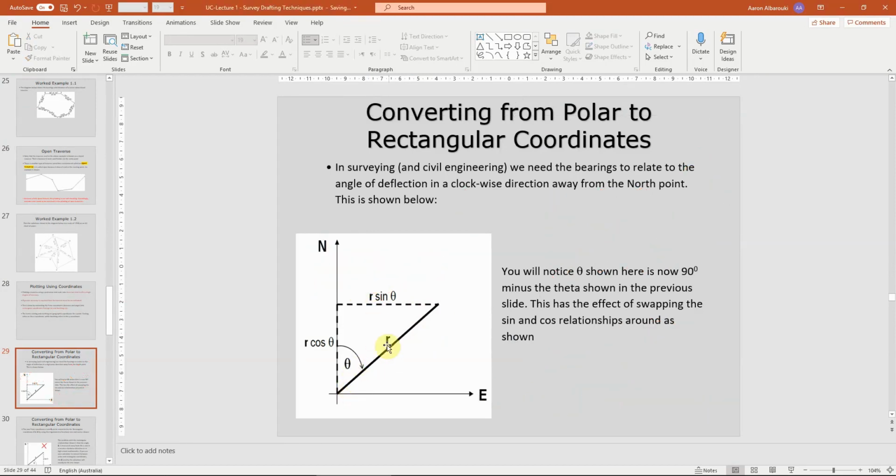How is it related? For the point I was describing here, if I draw a line from the origin to that point, that line has a length and an angle. To find the northing, it's simply the line multiplied by the cosine of the angle. And if I want to find the easting, it's the line multiplied by the sine of the angle.